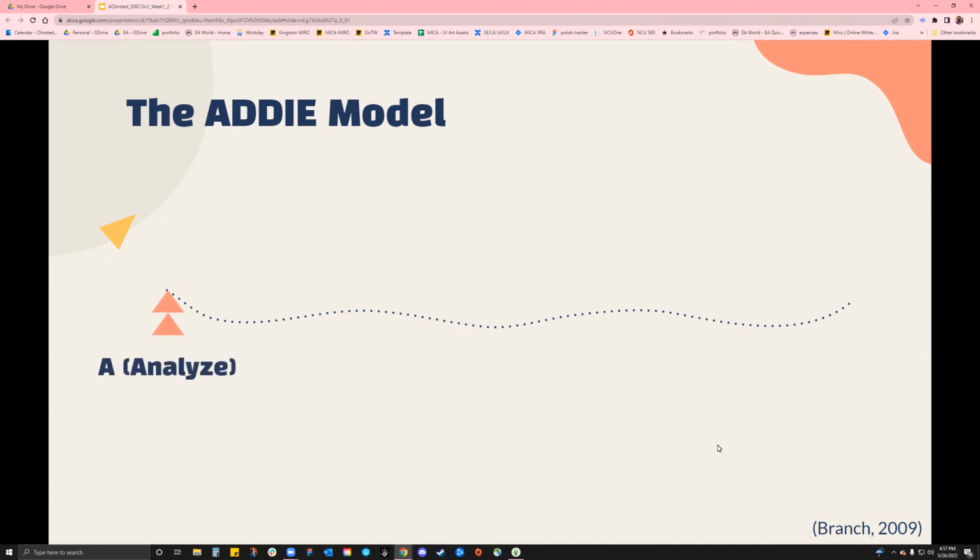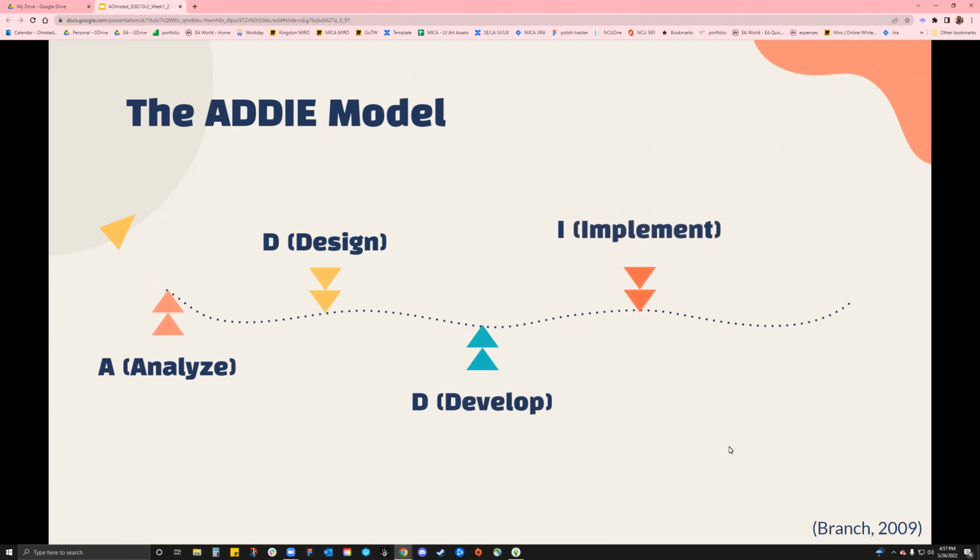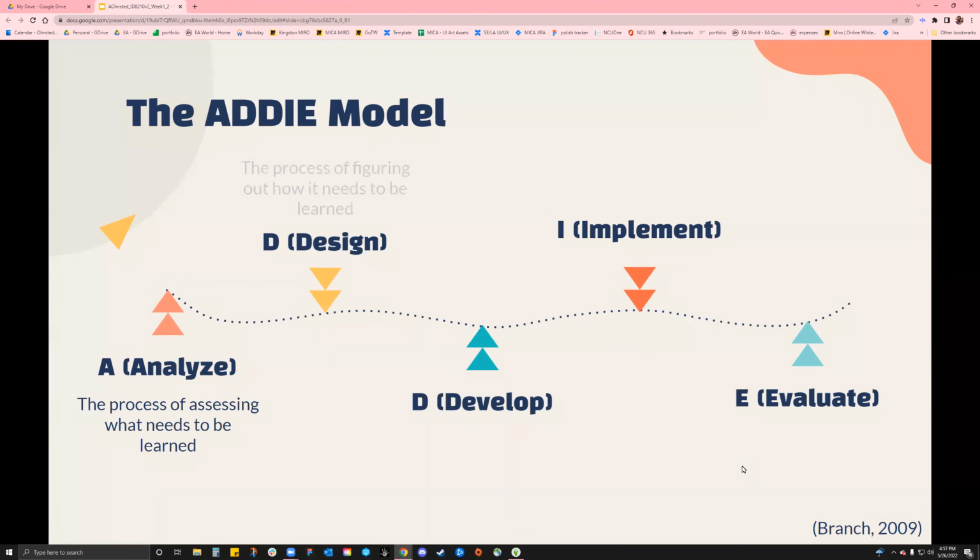A, analyze. D, design. D, develop. I, implement. And finally, E, evaluate. Let's walk through those 5 steps and understand what happens during each of them. Analyze is the process of assessing what needs to be learned.